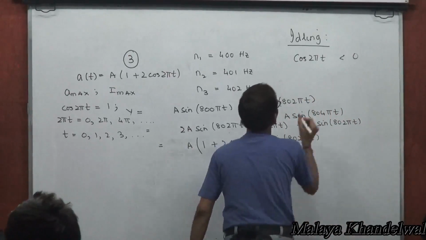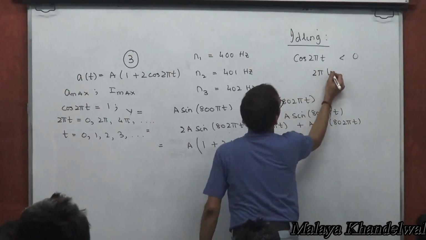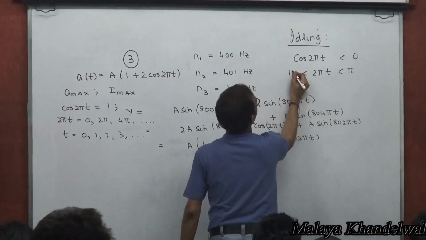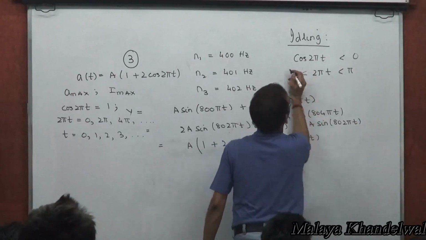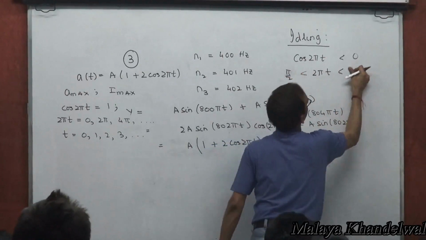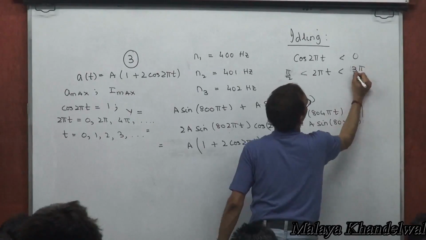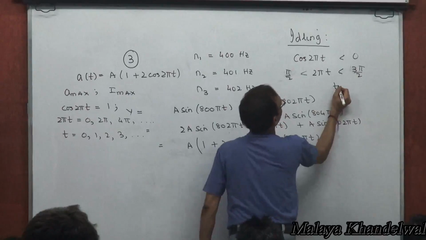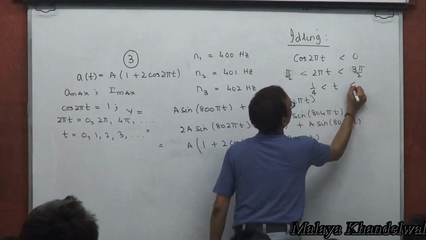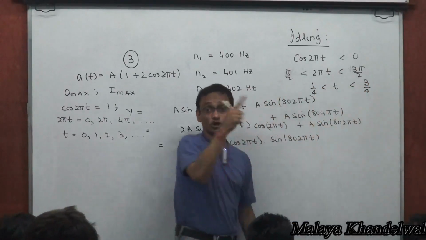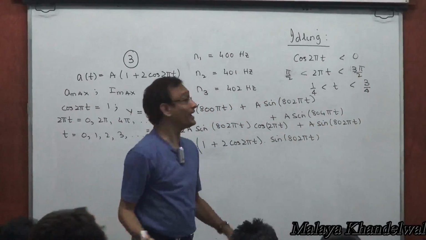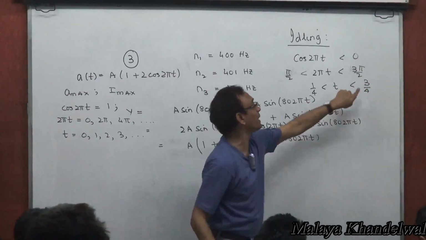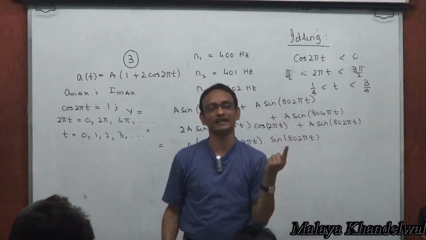That means 2 pi t greater than pi by 2 and less than 3 pi by 2. This is the idling period. That means t greater than 1/4 and less than 3/4, from t equal to 0 to 1. That means the span is 3 by 4 minus 1 by 4, half a second.